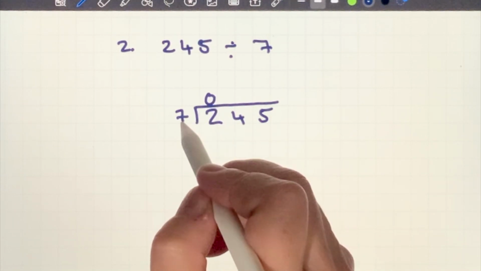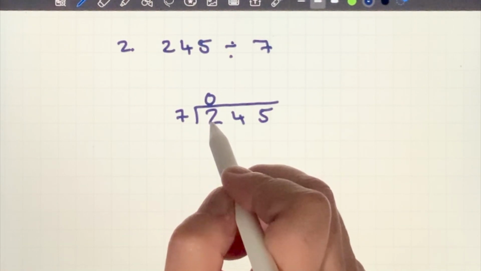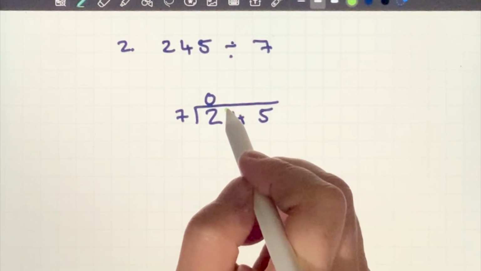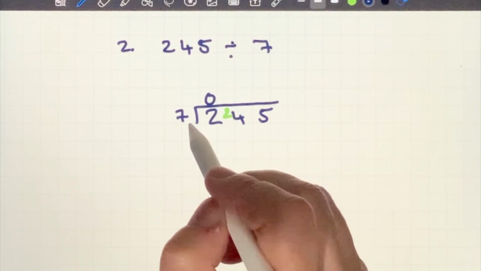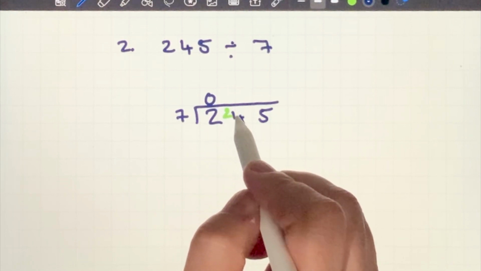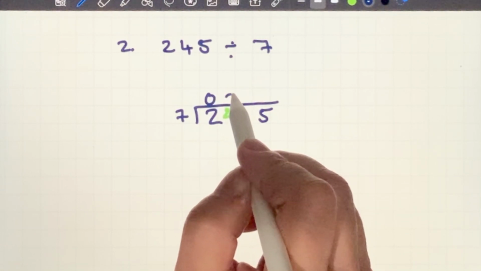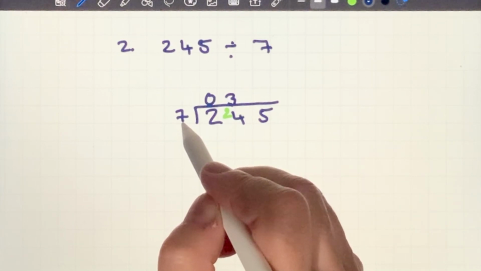So 0 times 7 is 0. And so 2 minus 0 means I've got 2 left over. So I put that there. Then 7 into 24 goes 3 times. And 3 times 7 is 21.